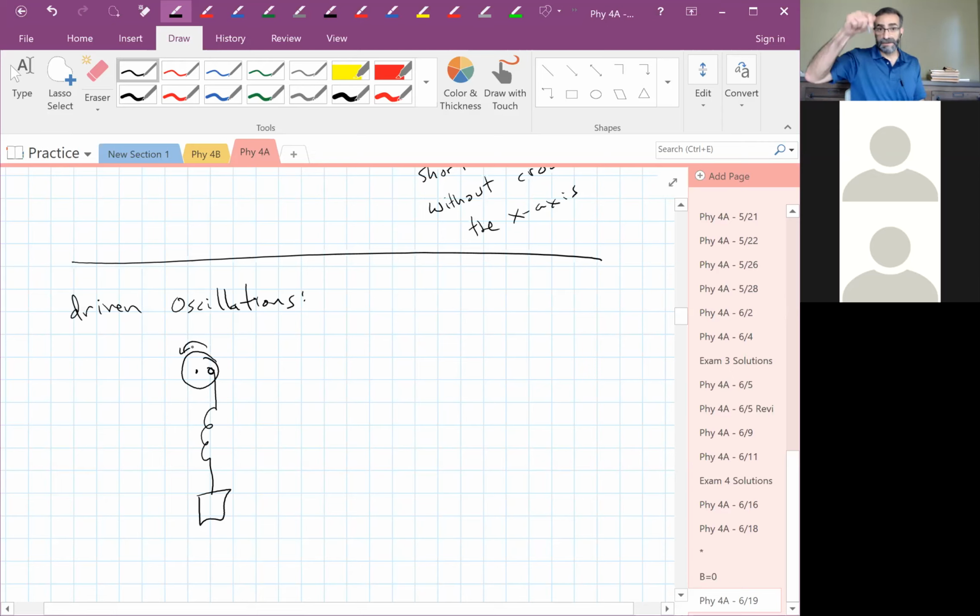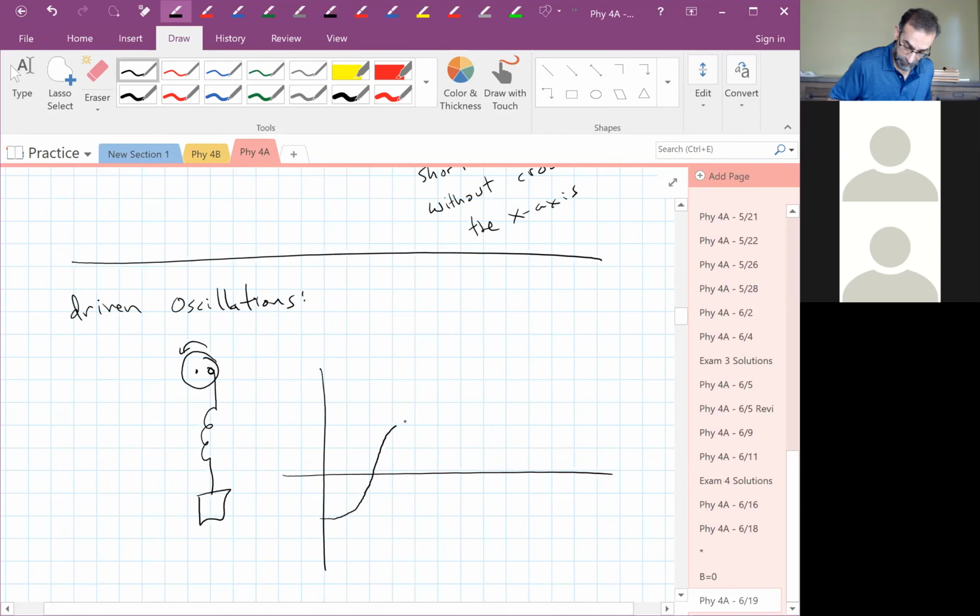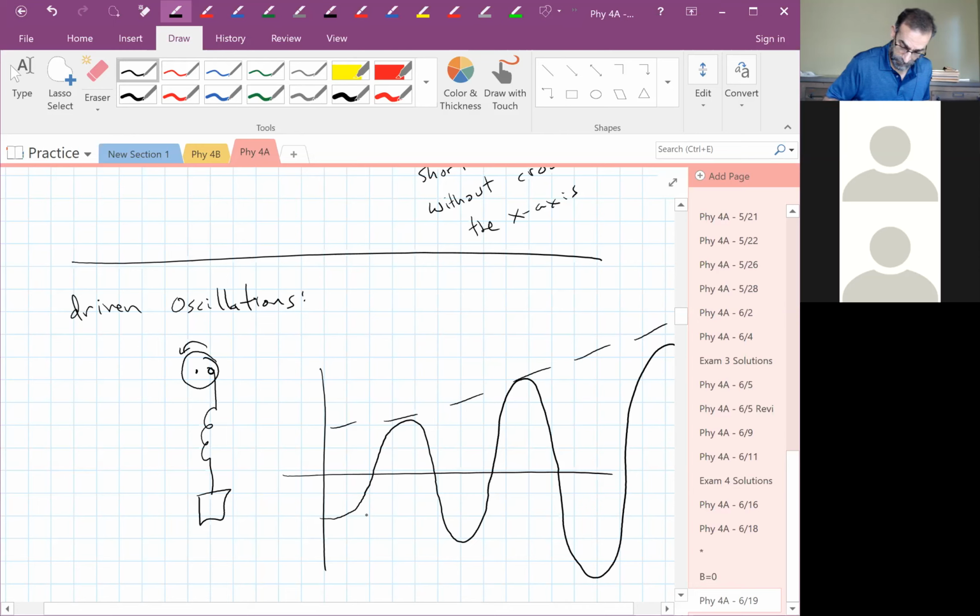Something like that, right? You're lifting that spring up and down, up and down, up and down, adding energy. And if you're adding that energy at just the right interval, just the right frequency, then it does something like this. Driven oscillations.